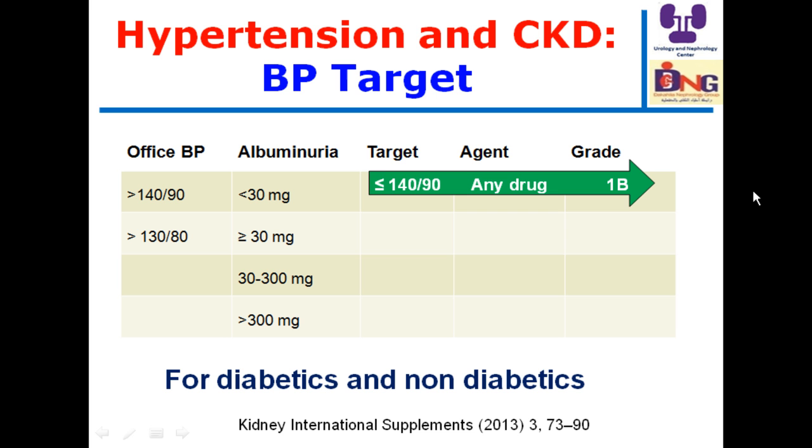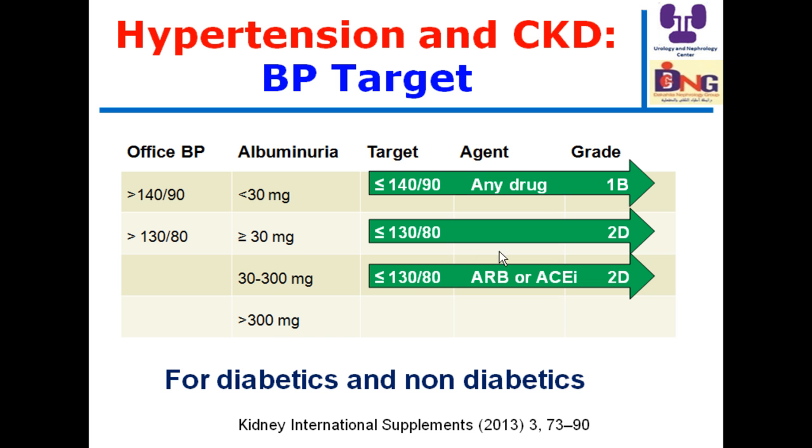If the albuminuria is 30 to 300 or above 300, this is the situation to reach 130/80 using ACE inhibitors or ARBs. And if the proteinuria or albuminuria is high, the evidence for ACE inhibitors or ARBs increases. So I think this is essential.